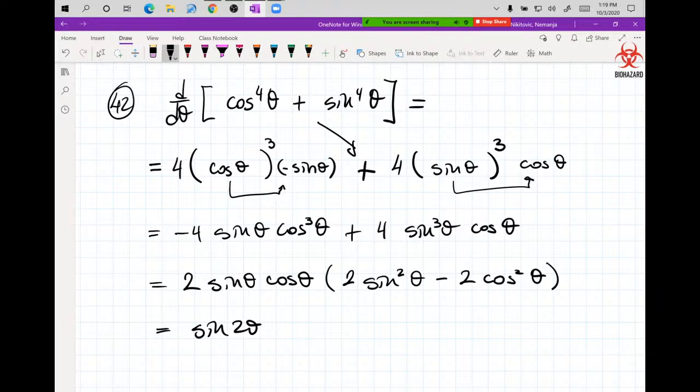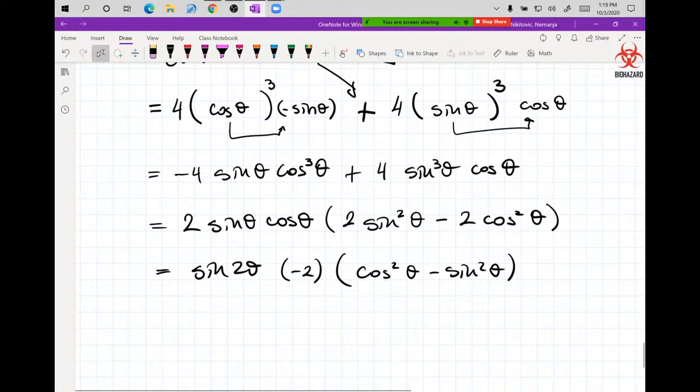Now over here on the second part, additional flex, where I'm going to factor out -2, which would leave me with the cosine squared theta minus sine squared theta. What is this now?